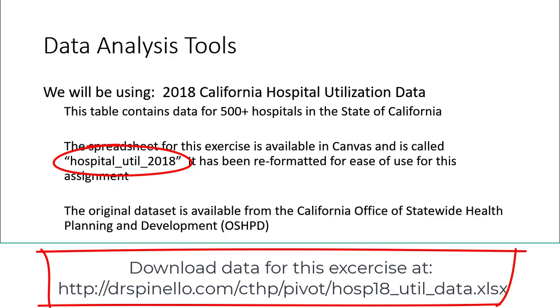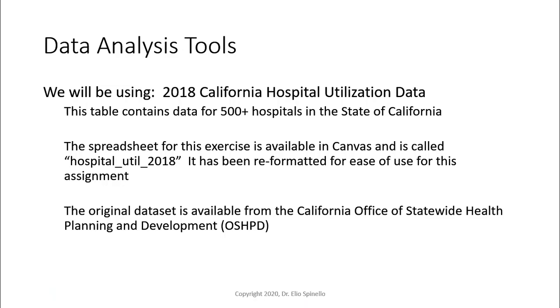Now, one warning, there is a lot of data in this particular file, so you will want to use a computer that has a reasonable amount of memory and that doesn't have a lot of other stuff running at the same time. So particularly if your computer does not have a lot of memory on it, you're not going to want to have other programs running like your email or a lot of web browser tabs open at the same time, as they will make it a lot more difficult for Excel to run, and it will run more slowly.